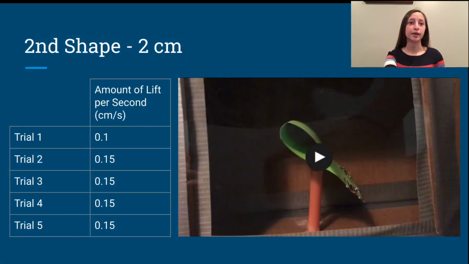For my second shape of a 2 centimeter height, trial 1 was 0.1 centimeters per second. Trials 2, 3, 4, and 5 all stayed the same at 0.15 centimeters per second. Here's the video for my 2 centimeter height of my second shape.